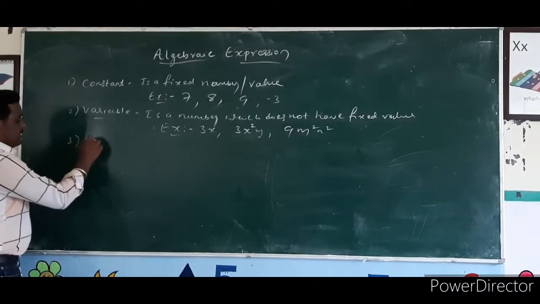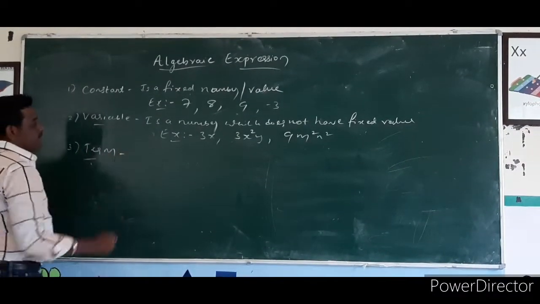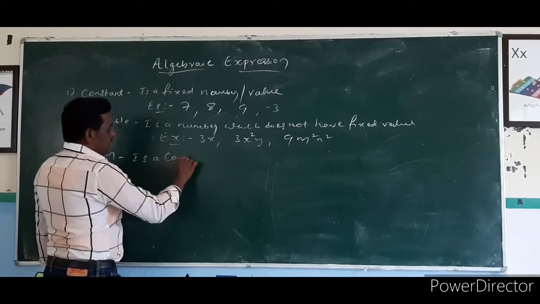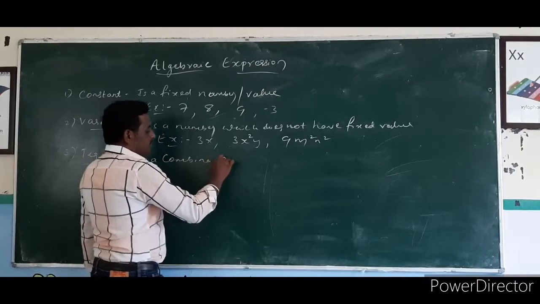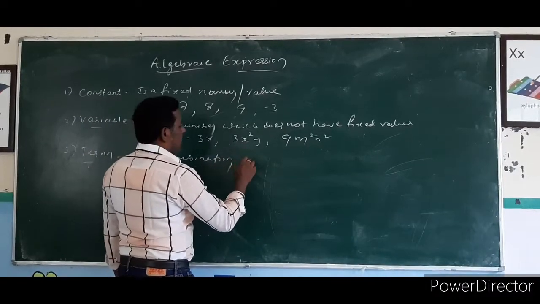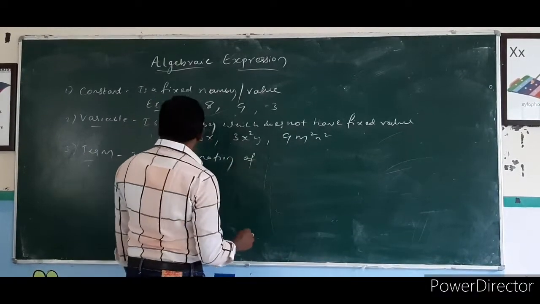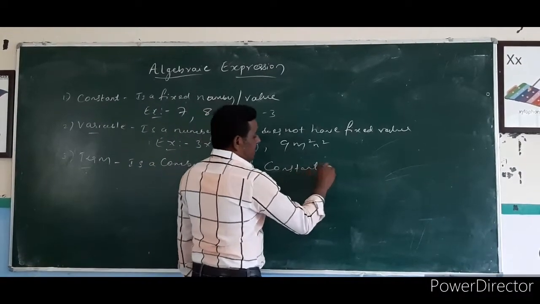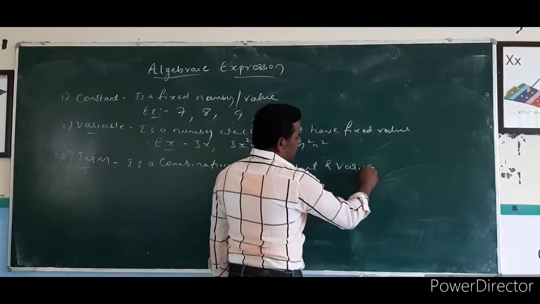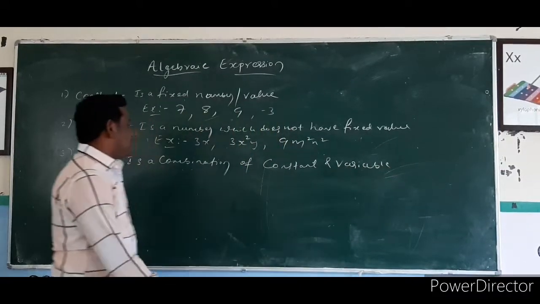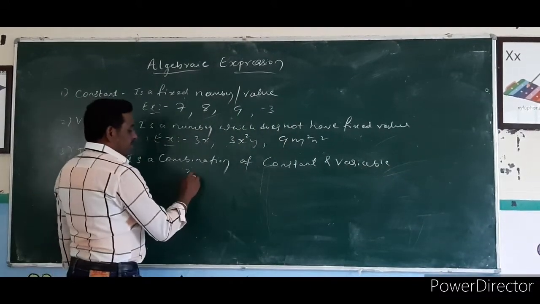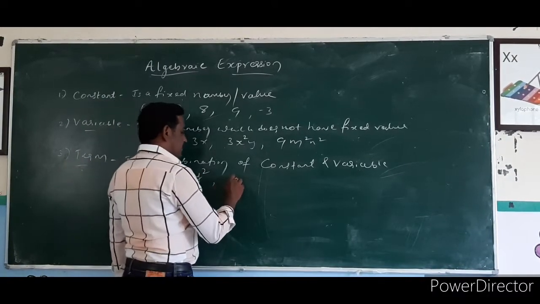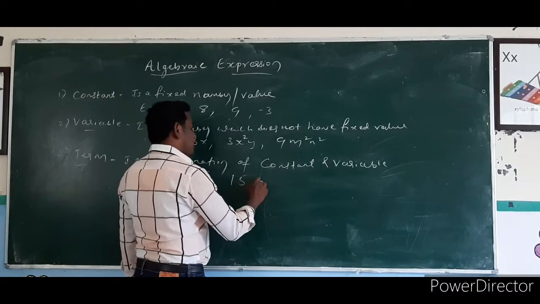Next one, term. A term is a combination of constant and variable. Suppose I am taking 3y square, and next 15c.